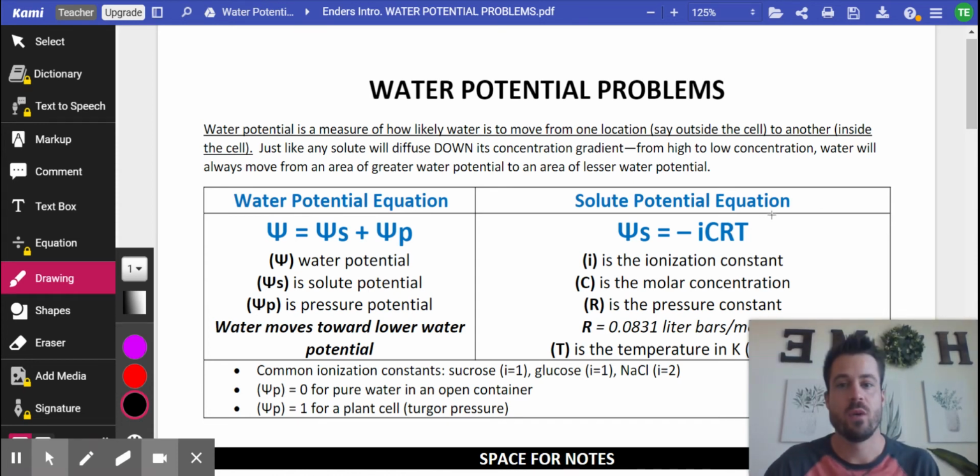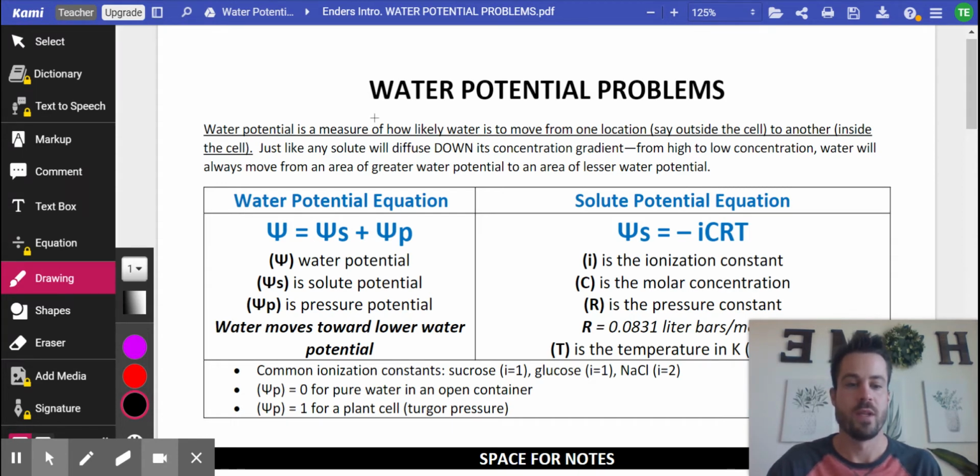I wanted to make a video about water potential, which is the topic that we're going to be learning about next. So let's start with the definition of water potential. Water potential is a measure of how likely it is for water to move from one location to another.